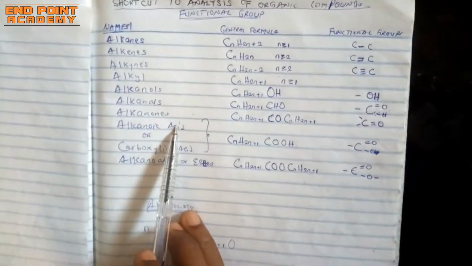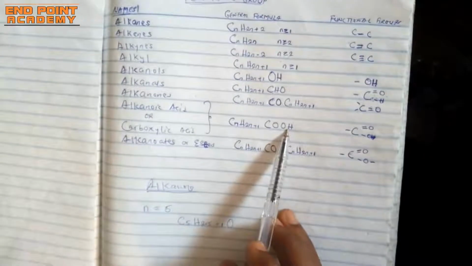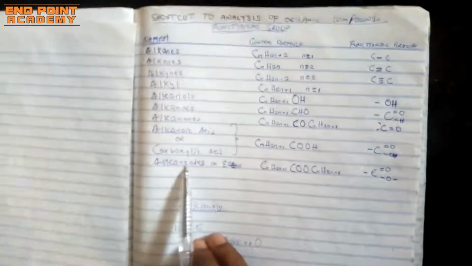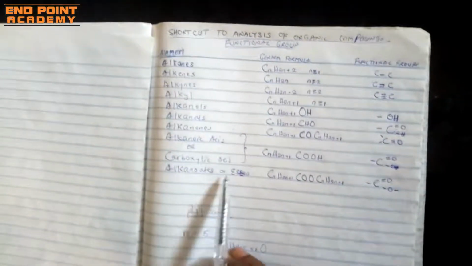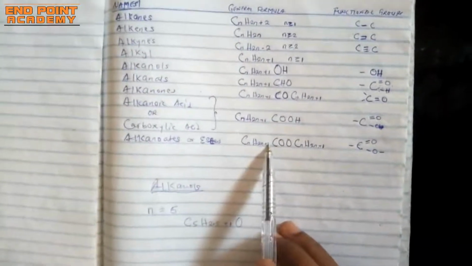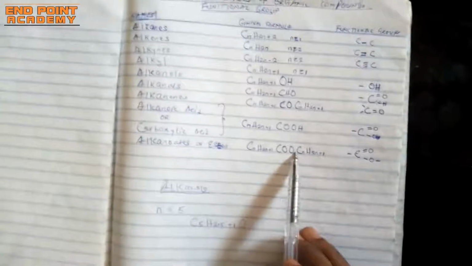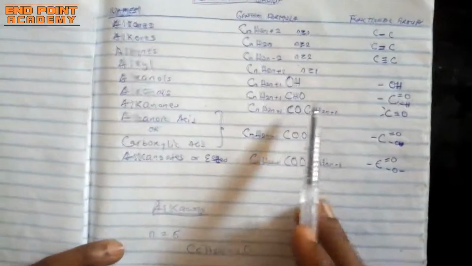The alkanoic acid is given by CnH2n+1COOH. And we also have the alkanoates, or the esters. Alkanoates or esters are given by CnH2n+1COOCnH2n+1.